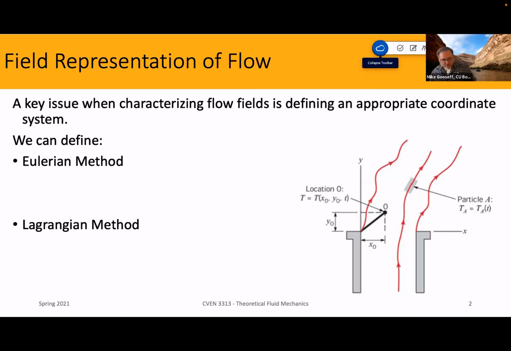Okay, so we talked a little bit about the Euler and Lagrangian differences before, and I just wanted to redefine them a slightly different way. On the right-hand side, what we see is like a smokestack, steam coming out, whatever. It's some kind of vent out into the natural world.